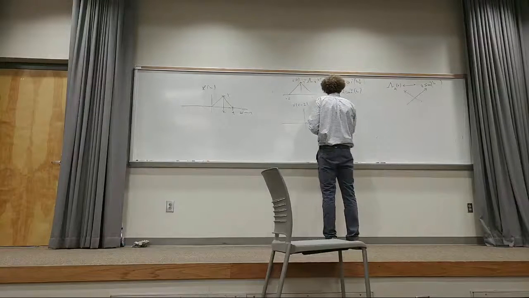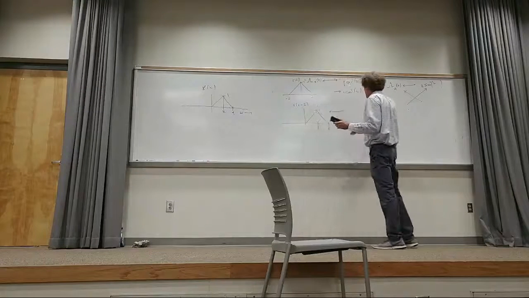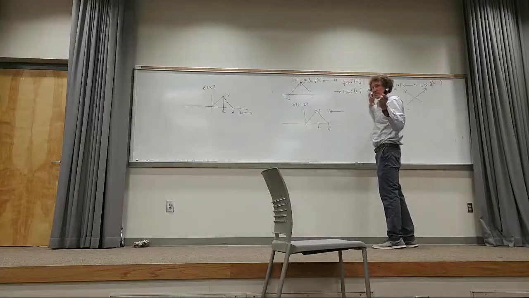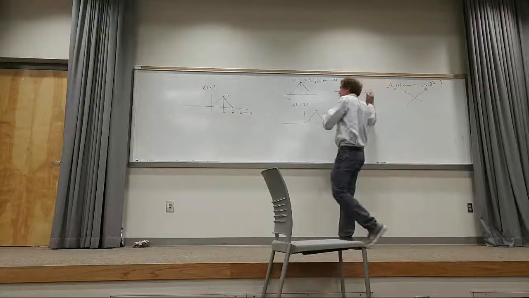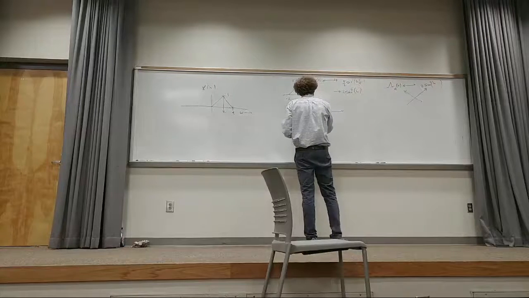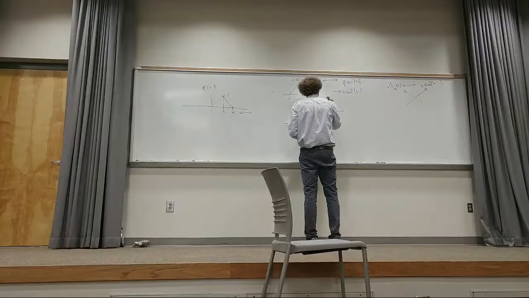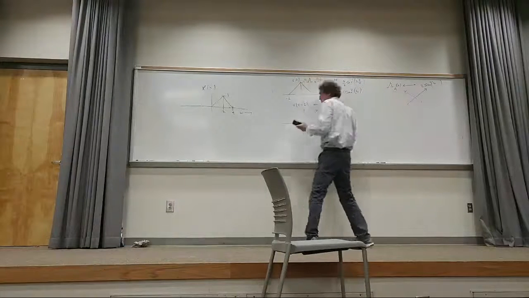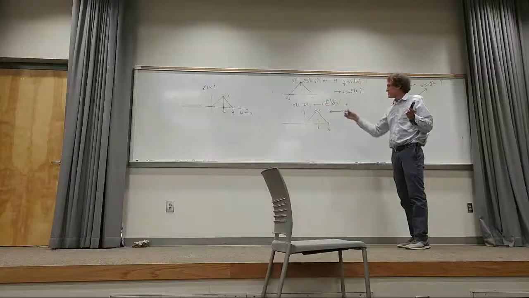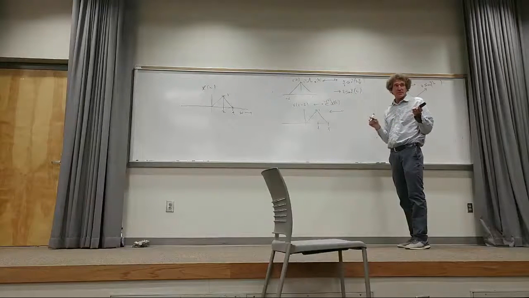Well, what's the transform of that going to be? If I have x of t minus 2, that goes to what? E to the minus j omega times 2 times x of omega. Isn't that right, guys? It's a simple phase shift, e to the minus j omega times 2. Correct, class? Everybody remember that?